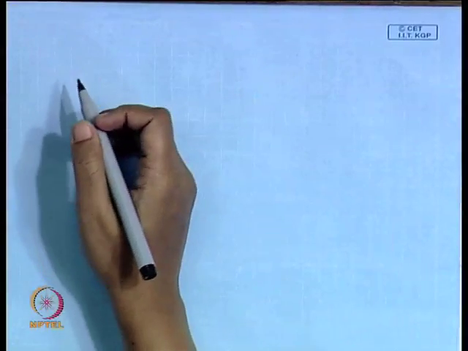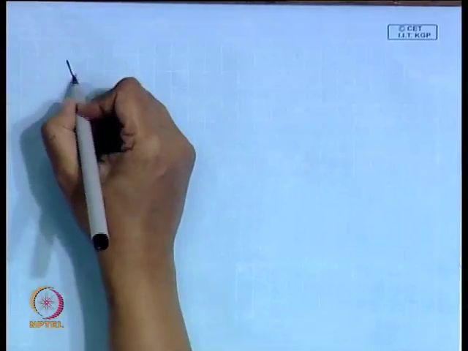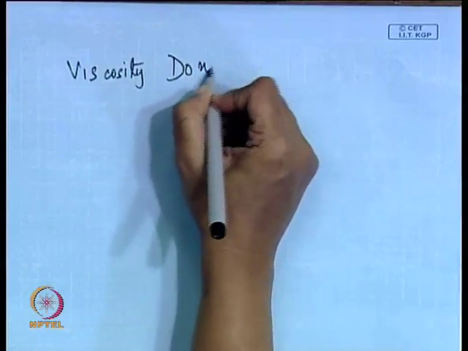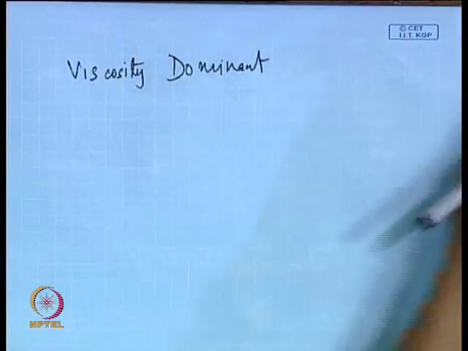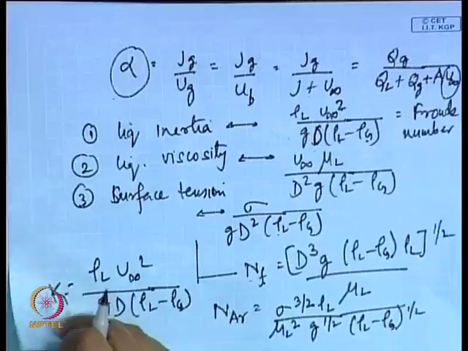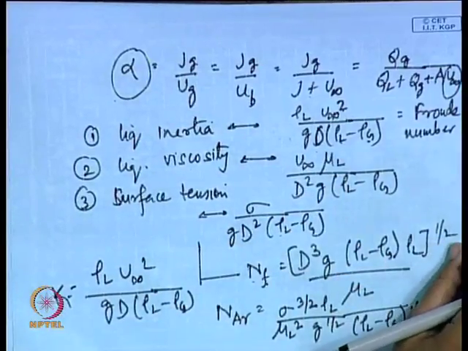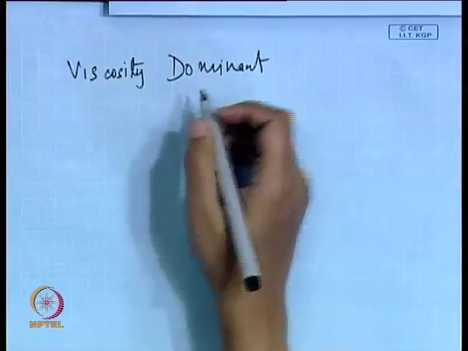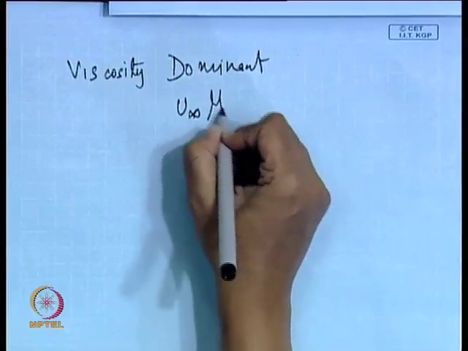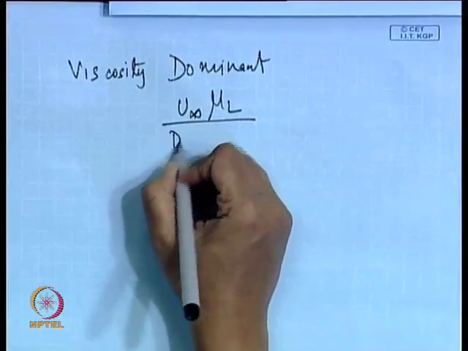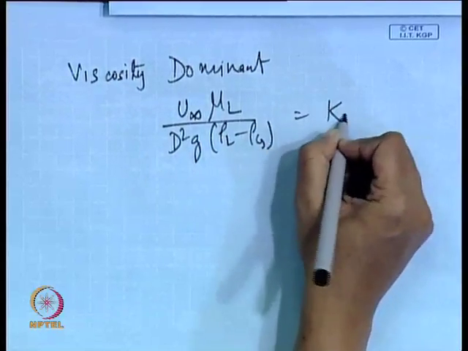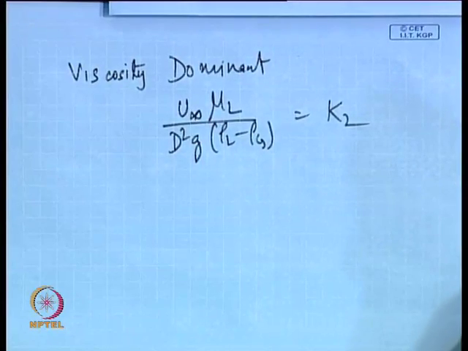Now, for viscous dominant situations, when viscosity is dominant, naturally the second group is going to be important, and that is going to assume a constant value, isn't it? So, for such situations, what do we find? We find u infinity mu L by d square g (rho L minus rho g) becomes a constant, which is usually given as K2.